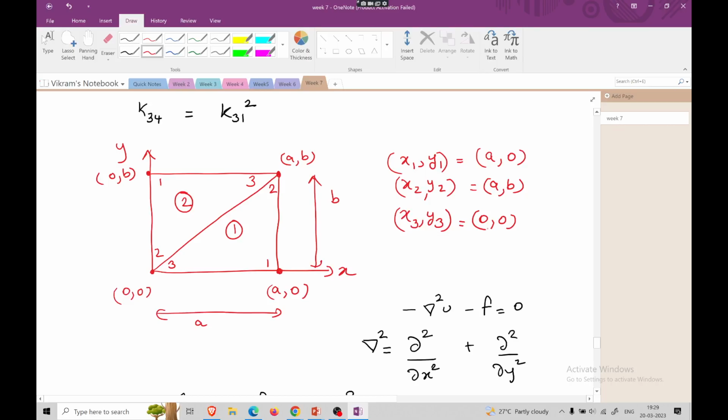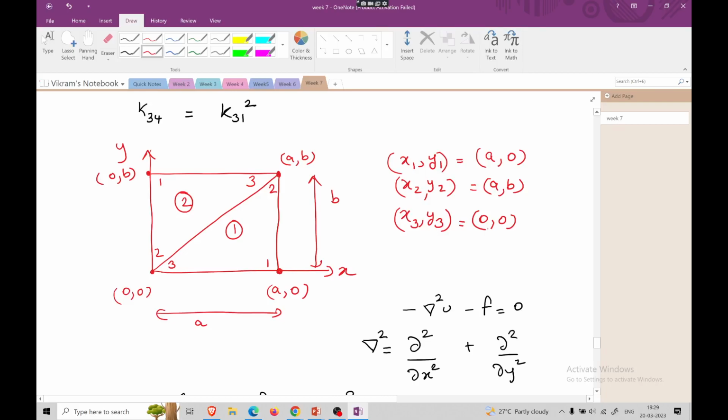What is beta 2? y3 minus y1, right? This will be 0. So this will be simply 0.